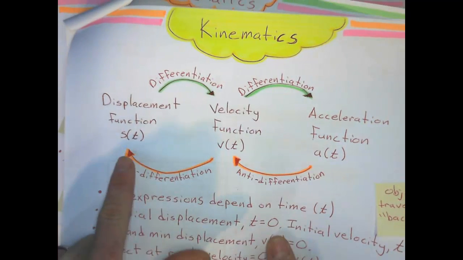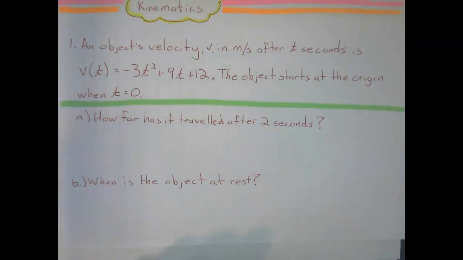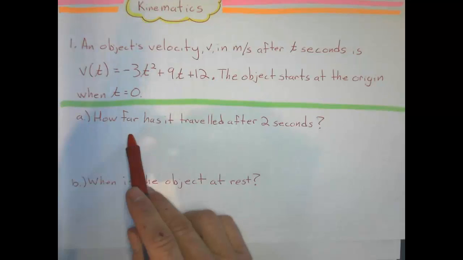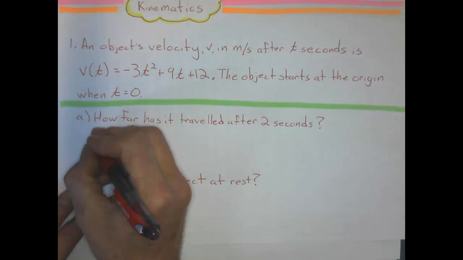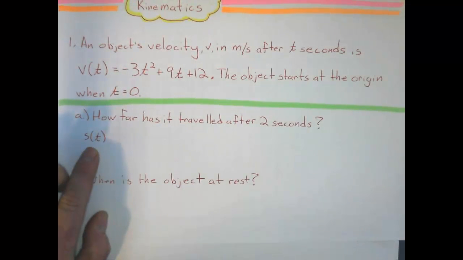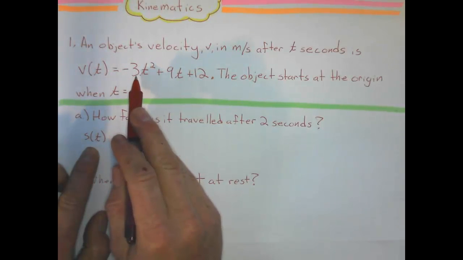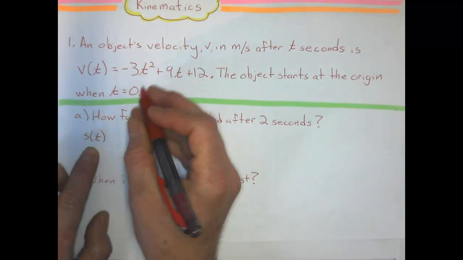That means you're going to anti-differentiate. It doesn't tell you to do that, but you've got to figure it out. So we're getting the displacement function from here, which means anti-differentiate. The displacement function is S of t. Remember what we do: we add 1 to the exponent and divide by that new exponent.